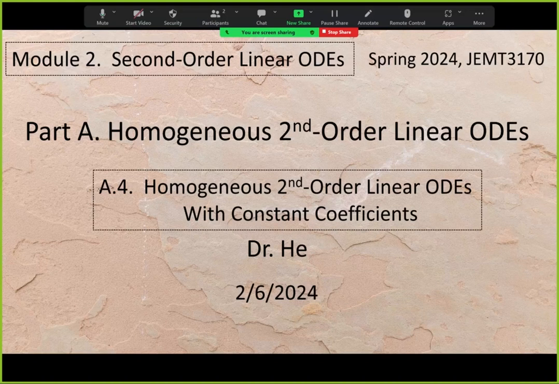Simplest, so we should solve the simplest case first, right? So in this topic, we want to find all the possible solutions for this simplest case.